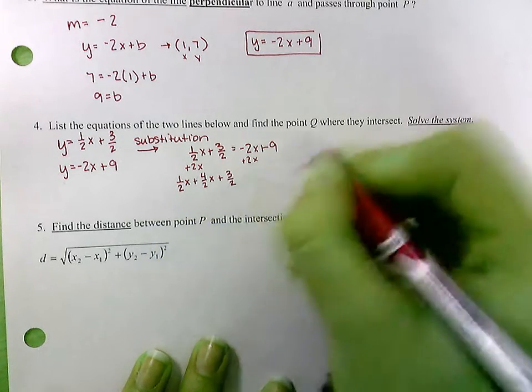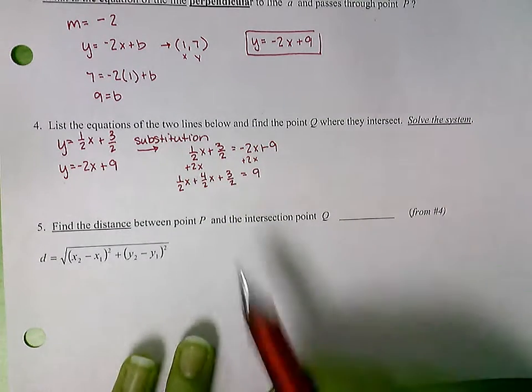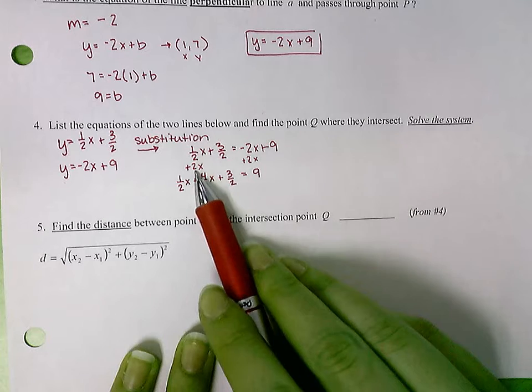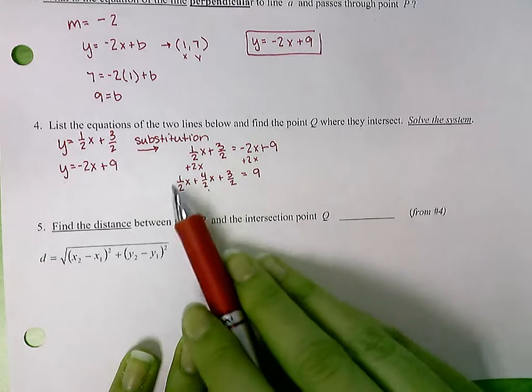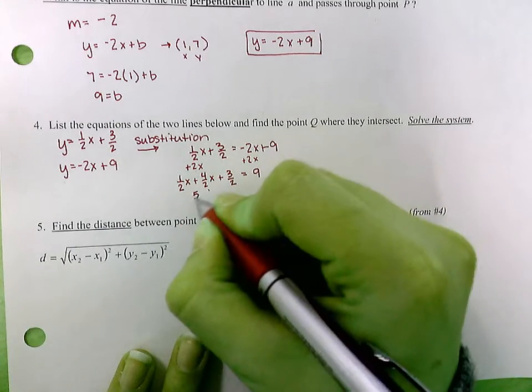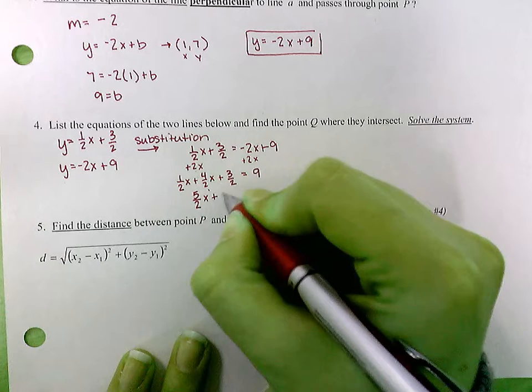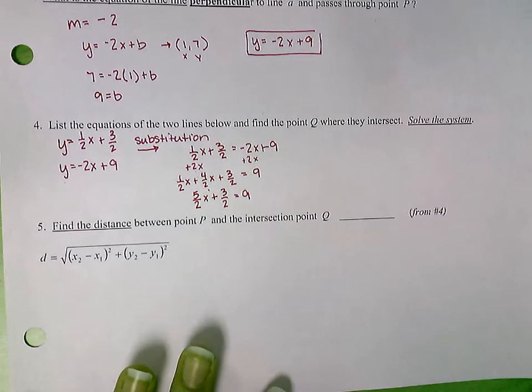And then I still have this 3/2 equals 9. So again, I changed this 2x to 4/2 so that I can combine these two. So now I have 5/2 x plus 3 halves equal to 9.